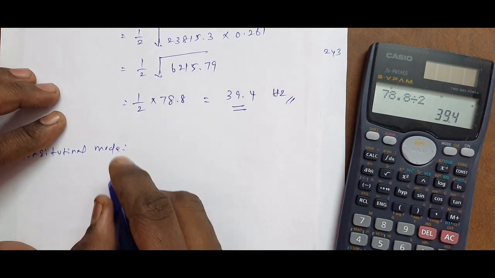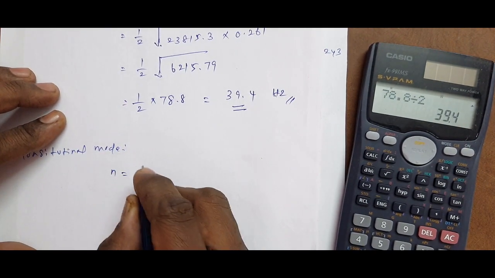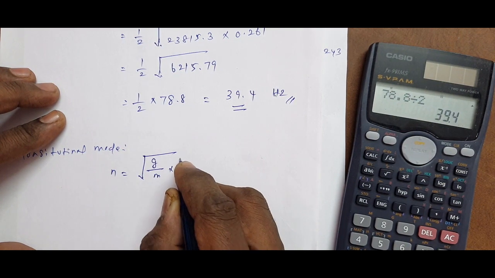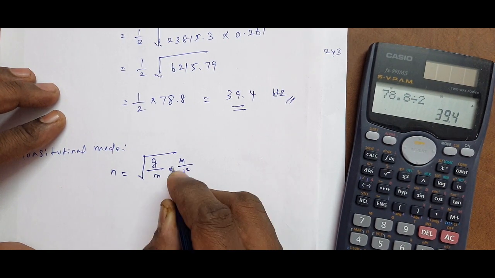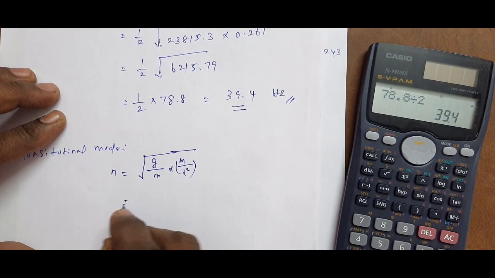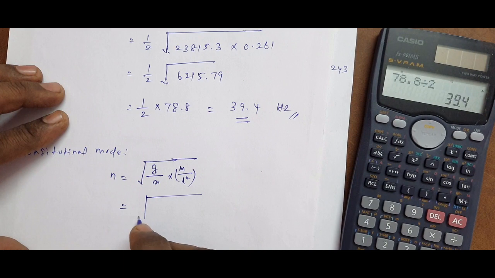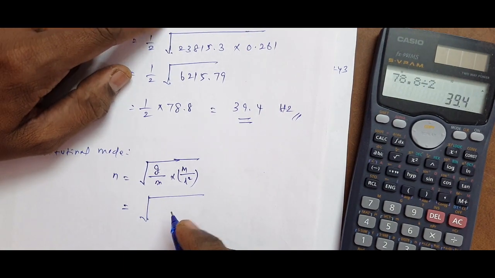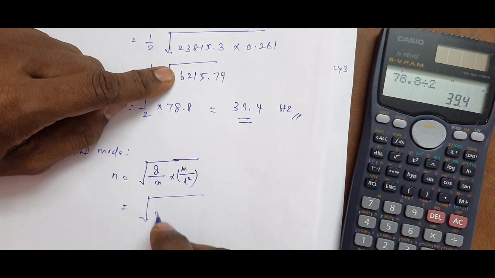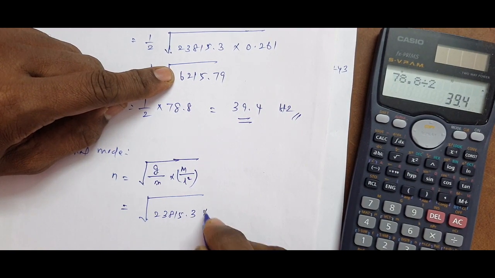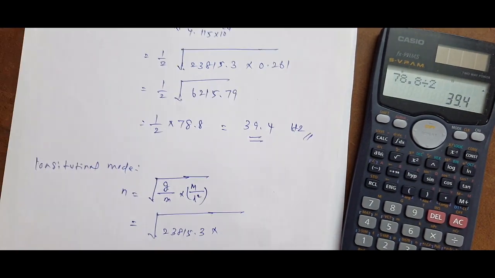The longitudinal formula is the frequency equal to root of g by mass per unit length into m by L square. So g by m is a constant, already known: 23815.3 into m by L square.